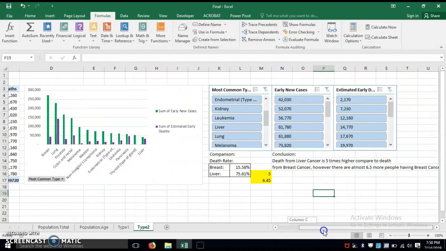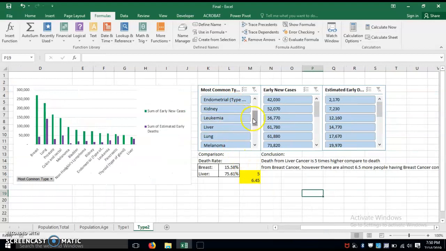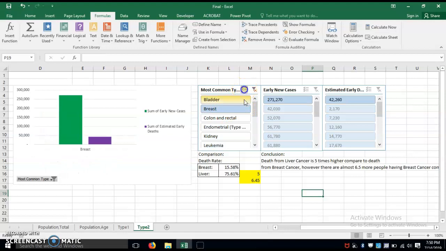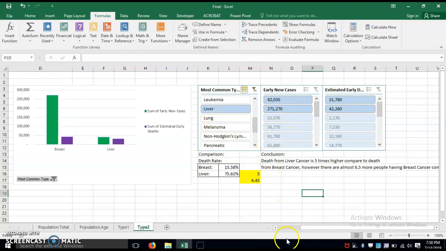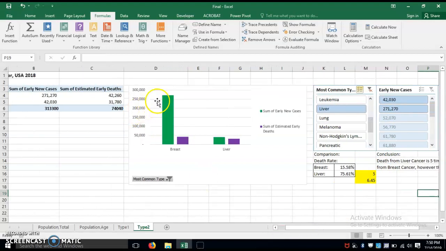Using the slicers, let's see, we have breast cancer and we have liver cancer. We can see that breast cancer has 271,270 people, and the death rate is very low compared to liver cancer, which is not so common, but the death rate is pretty high.